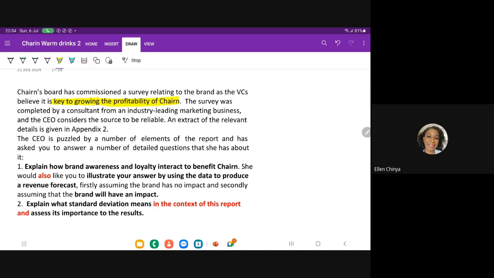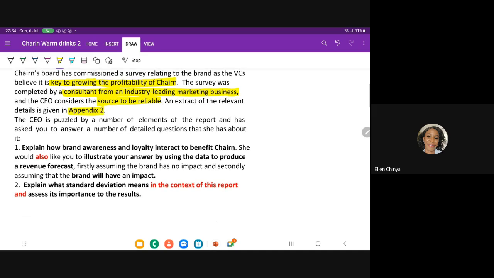The survey was completed by a consultant from an industry-leading marketing business. The CEO considered the source to be reliable, so you don't have to worry about whether the report is correct or not. An extract of the relevant details is given in appendix number 2. The CEO is puzzled by a number of elements of the report and has asked you to answer a number of detailed questions that she has.